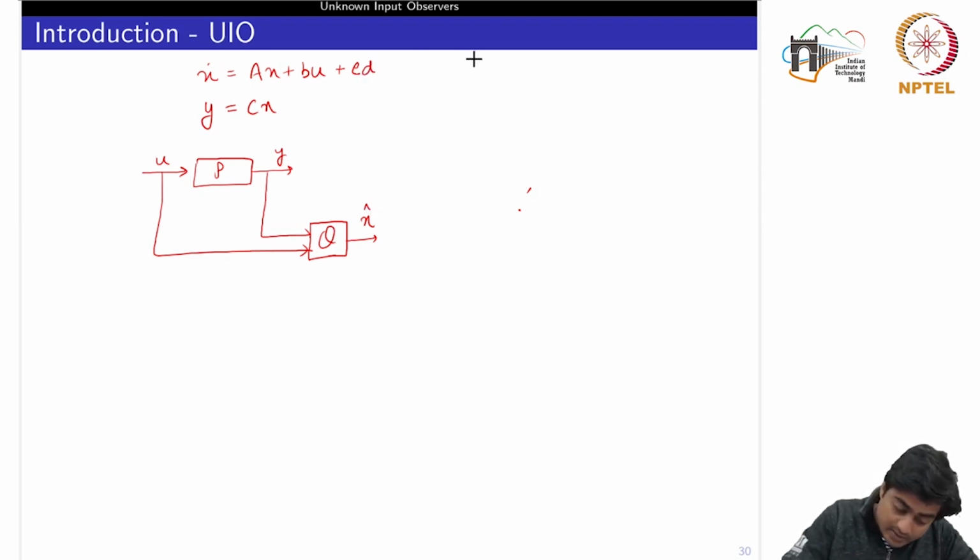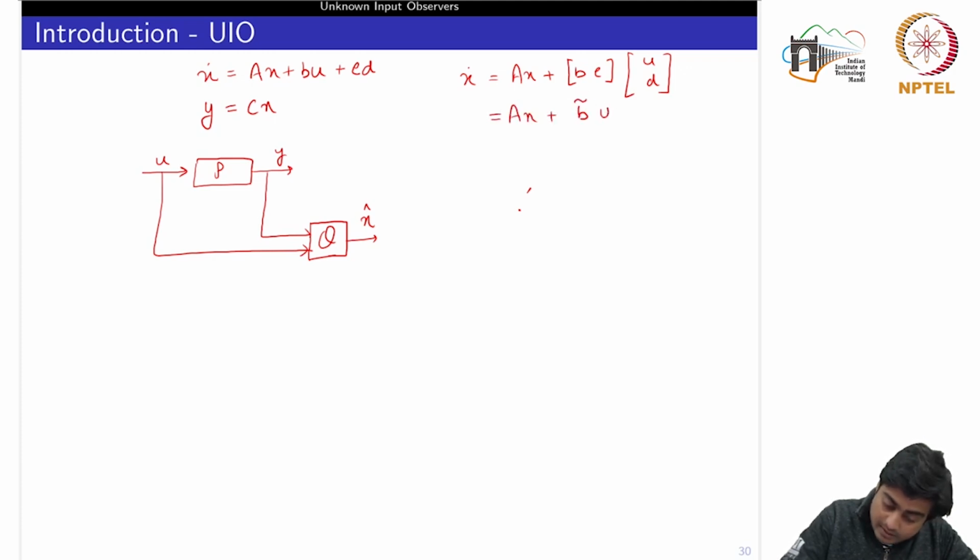So we can parameterize this as x dot is equal to Ax plus B tilde, and this becomes my u tilde. My output term remains as it is.